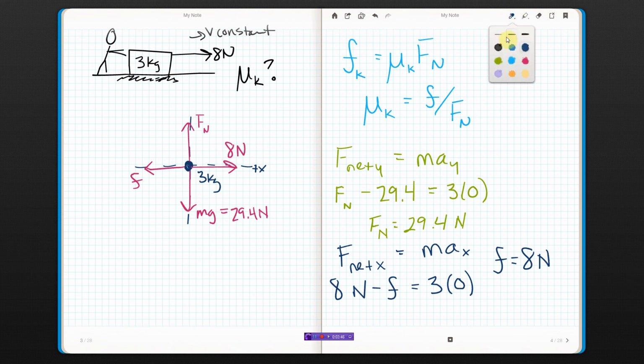I go back up here and plug those in. I get 8 newtons divided by 29.4 newtons. The coefficient of kinetic friction is 0.27. No units, just 0.27.